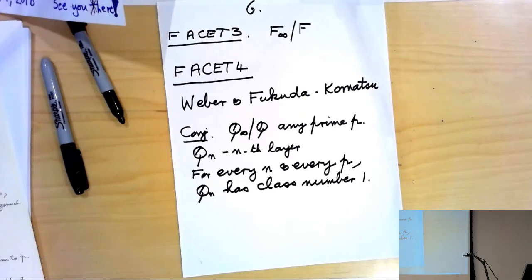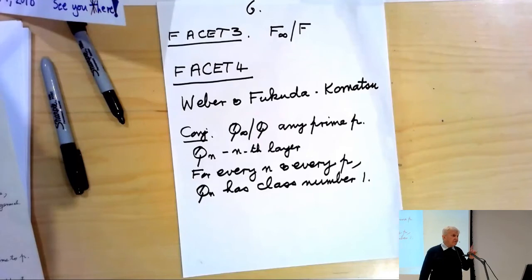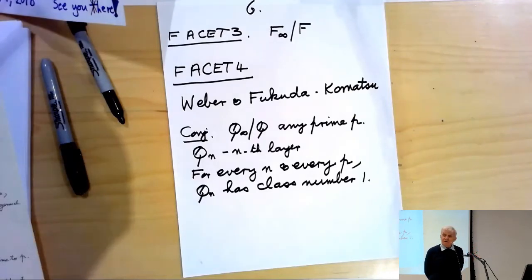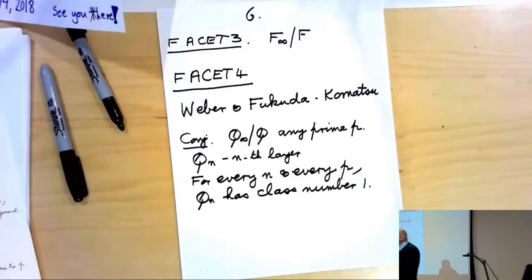And it would be very interesting to go further. And let me just remind you that even if we could prove it for p equals 2, we would have proven for the first time the existence of infinitely many number fields with class number 1. This has never been proven, even though, of course, apparently, say for real quadratic fields, there are infinitely many with class number 1.